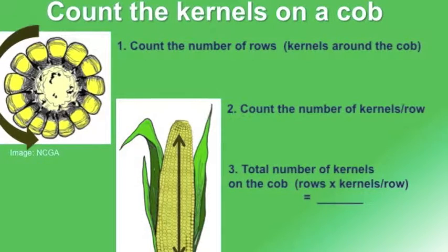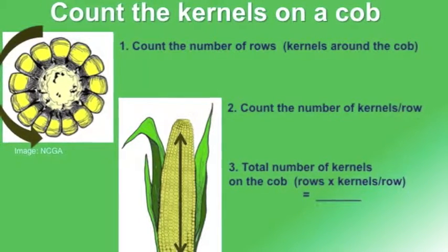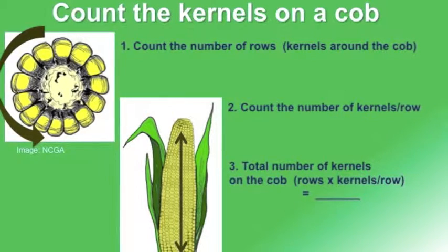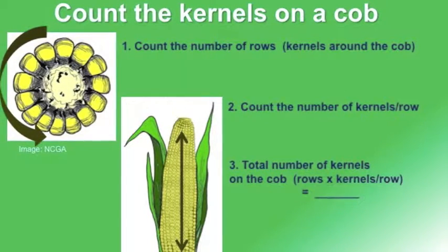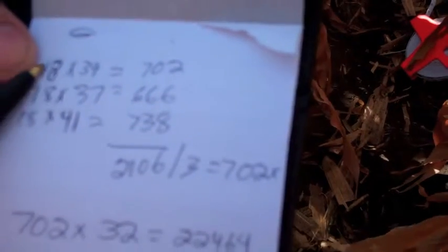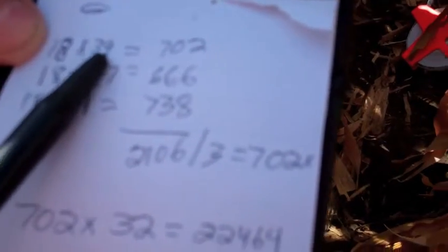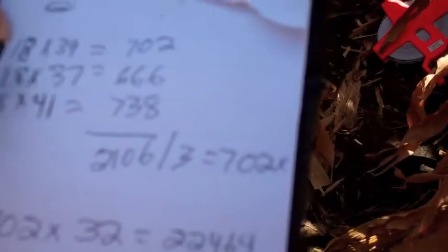So we've already done this on some of the ears over here, and some of the calculations that we have just using a simple multiplication are to take 18, this was how many kernels went around the ear. Then we need to figure out lengthwise how many kernels there are, and we simply take those and multiply them together. That gives us a number over here.